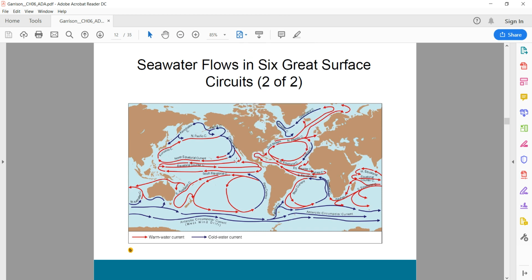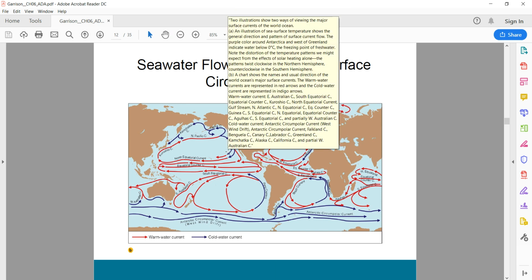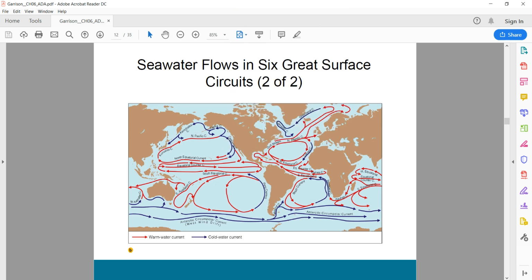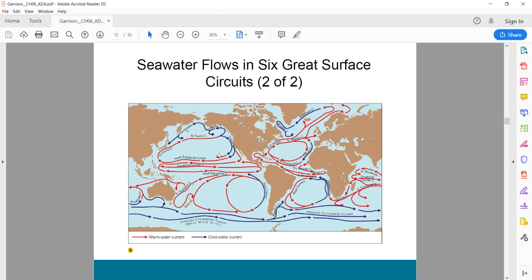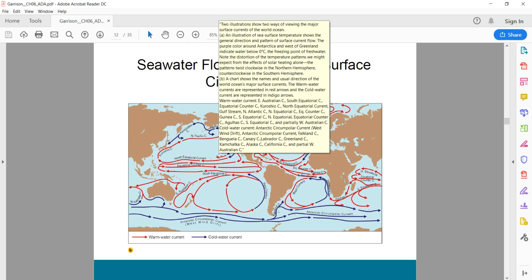The north equatorial current is a transverse current, because it is going straight from east to west. And this one is the North Pacific current, which is also considered a transverse current. There is a difference between the easterly boundary current and the westerly boundary current.